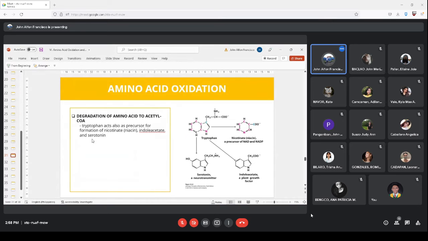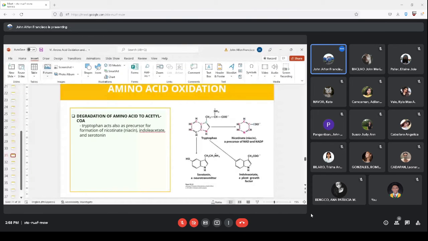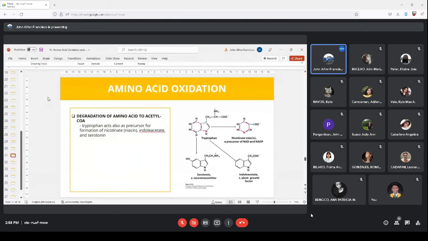One of it is nicotinate, a precursor for nicotinamide adenine dinucleotide. And it can also go for formation of indoleacetate, a plant growth factor, and serotonin. Familiar kayo sa serotonin, a neurotransmitter. Happy hormone ata ang serotonin.